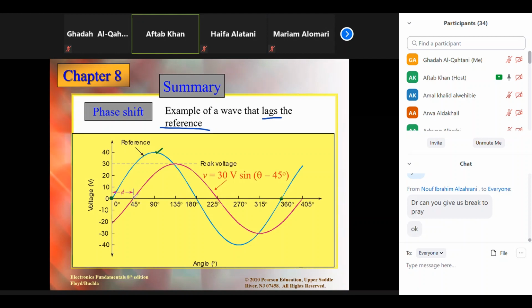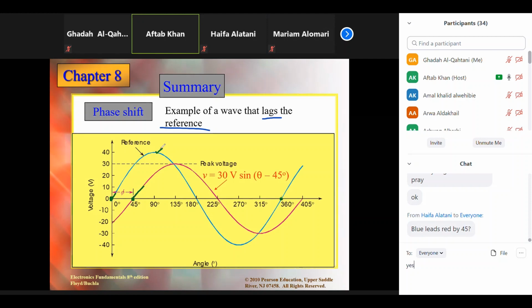When you see this, the red one is starting at 45 angle and the blue at exactly 0 angle. So you can see it is late. We can say this is late, or we can say the reference is in advance. Late means lag. I can simply say this is lagging.